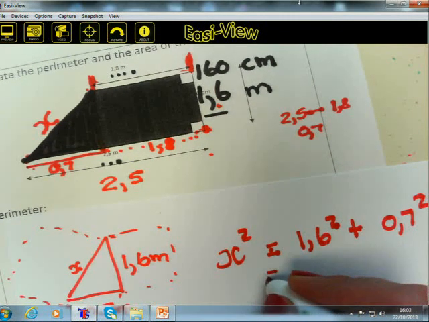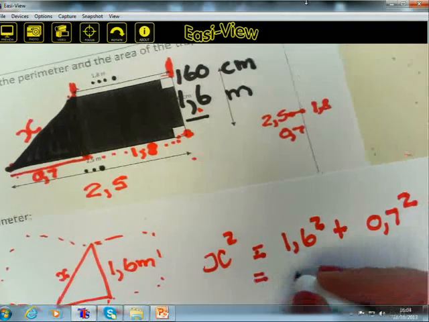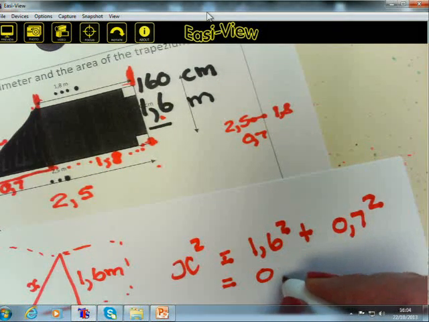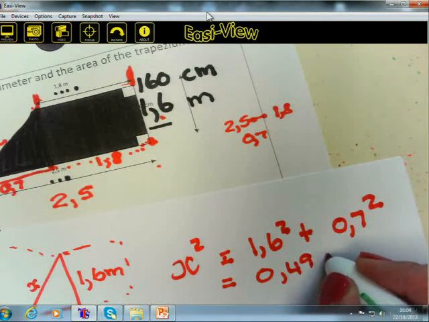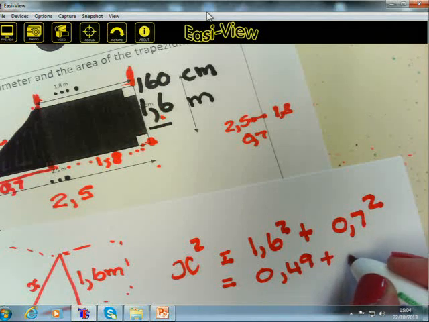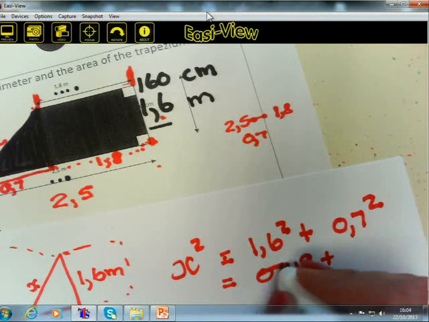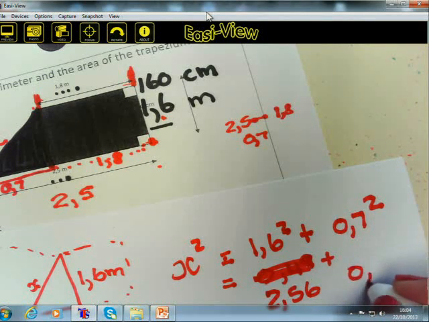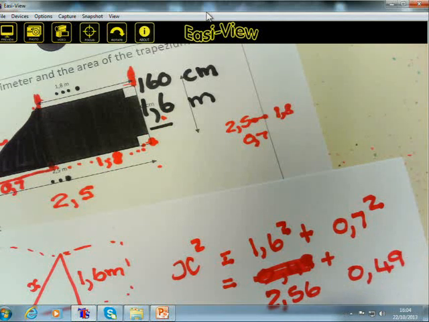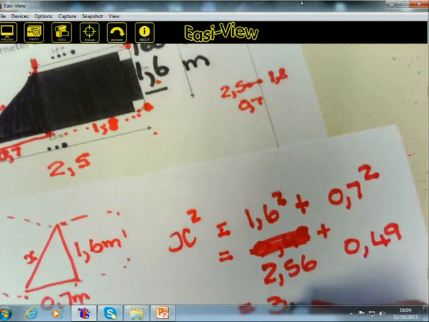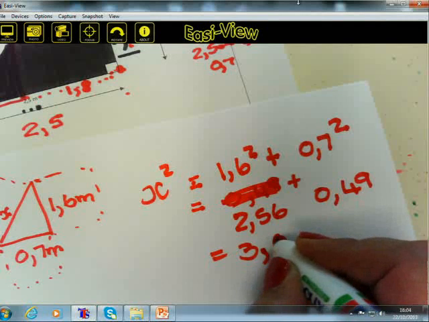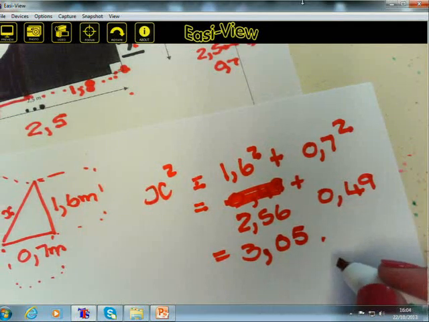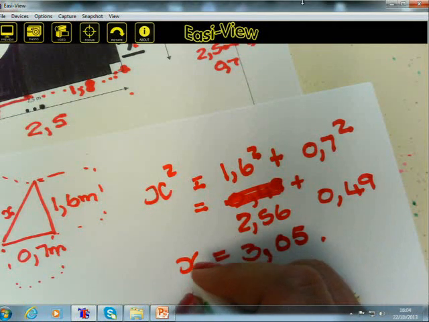And that will give me 2,56 plus 0,49, and that gives me 3,05. So this is the x squared.